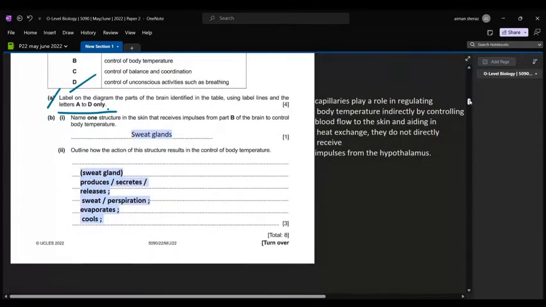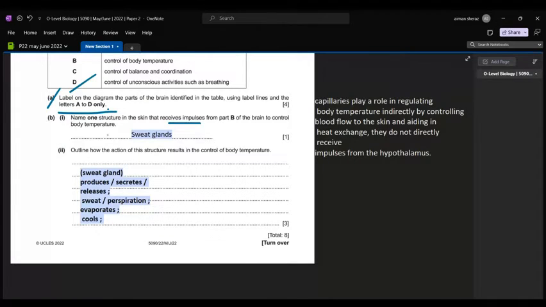Now, part B, name one structure in the skin that receives impulses from part B of the brain to control body temperature. So, which structure in the skin receives impulses from the hypothalamus of the brain? So, it could be sweat glands, it could be hair erector muscles, it could be arterioles, anything. But note that capillaries could not have been the answer, and that is rejected in the mark scheme.